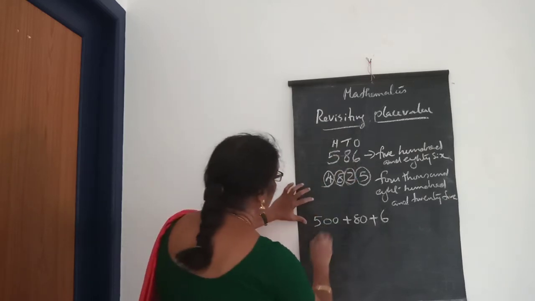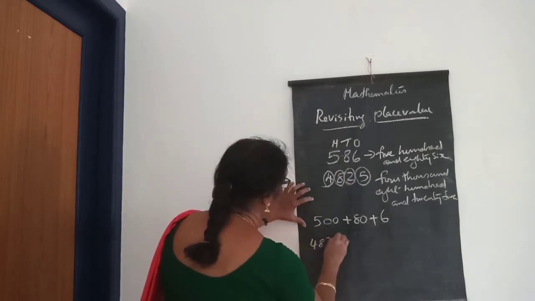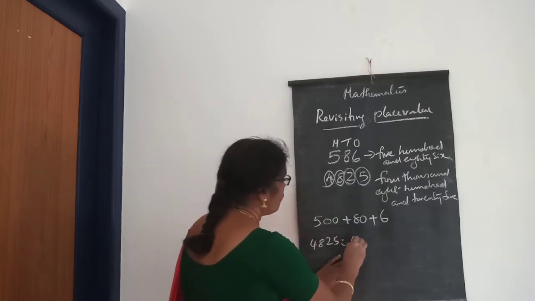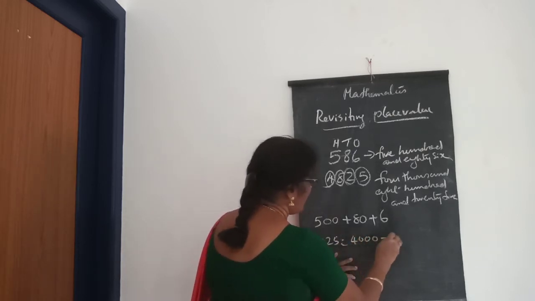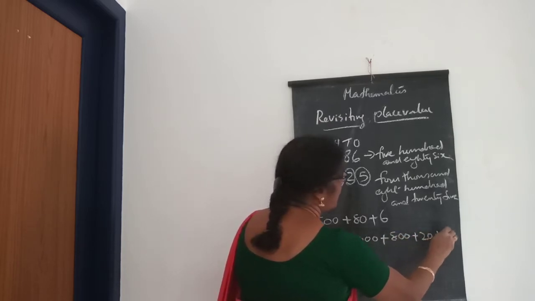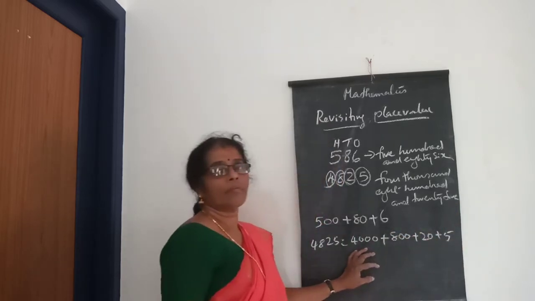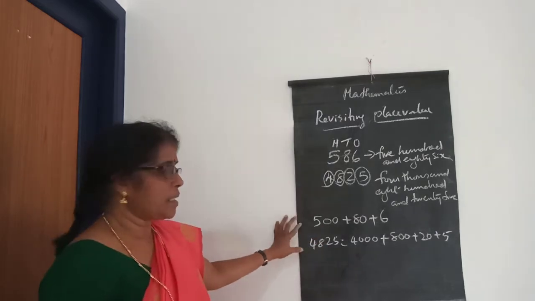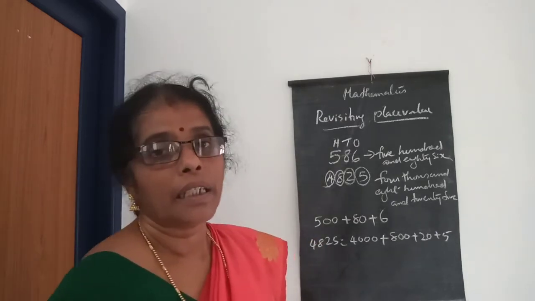And 4,825 is 4,000 plus 800 plus 20 plus 5. That is the place value of the digits.